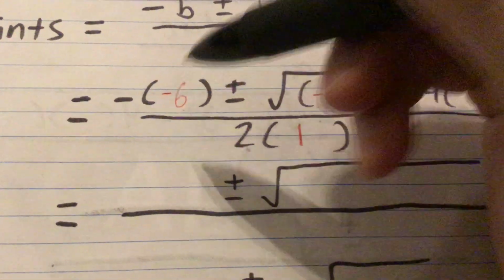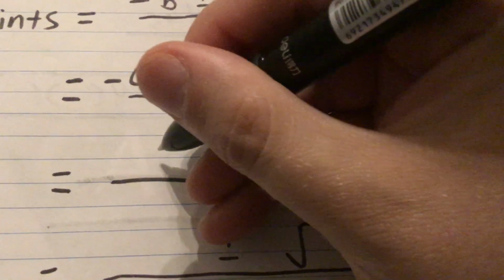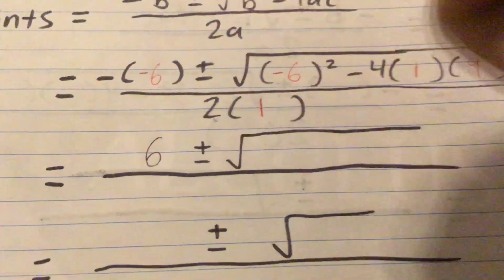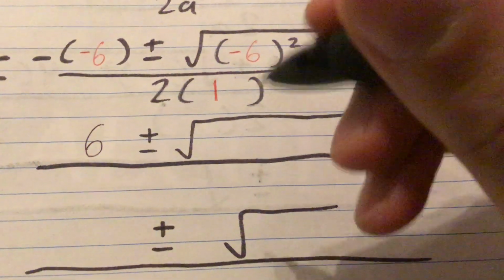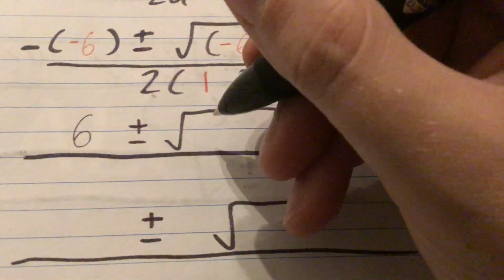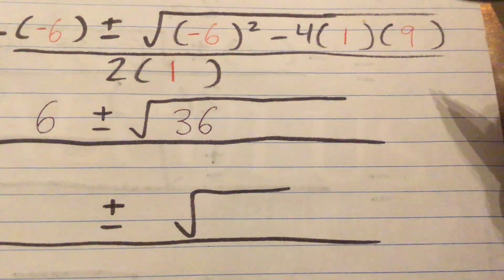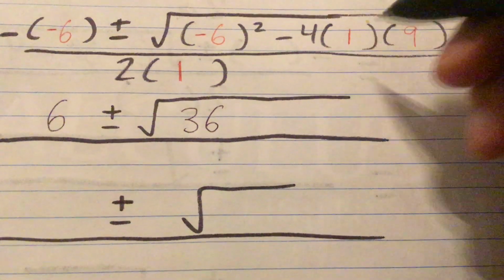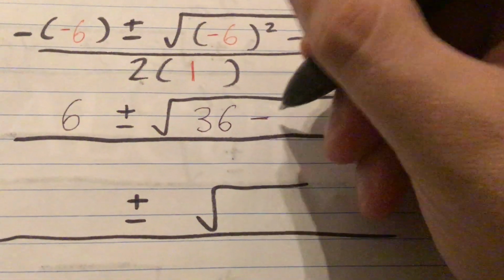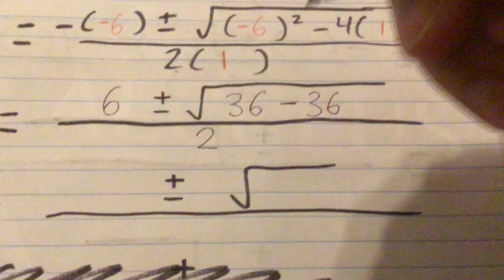What's negative negative 6? Well, a double negative is a positive, so that'd be just regular 6. Plus or minus negative 6 times negative 6, that'd be positive 36. And then negative 4 times 1 times 9 would be negative 36. All that over 2 times 1, which is 2.